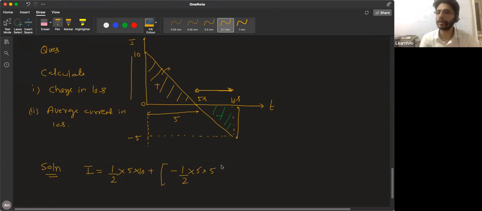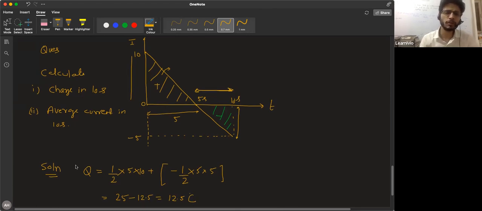We take the minus sign outside, so don't repeat it. So this will be 50 by 2, which is 25, and this is 25 by 2, 12.5. Area under the graph will give you charge, in coulomb.